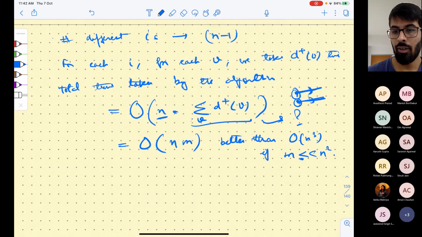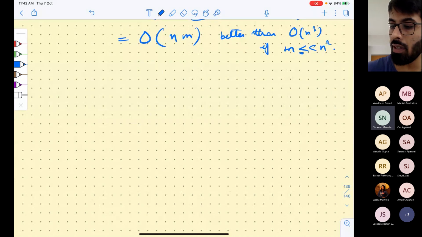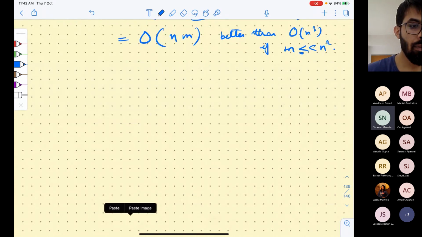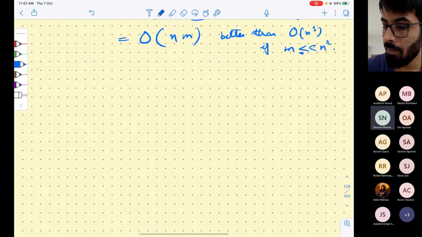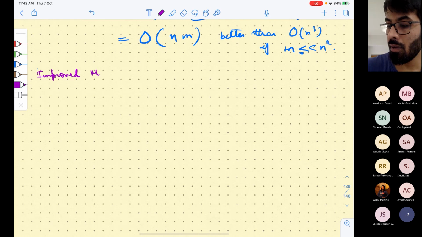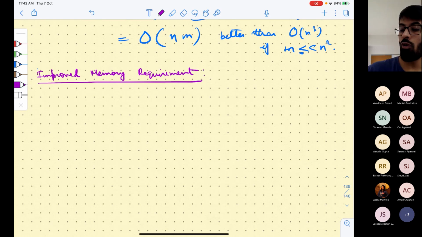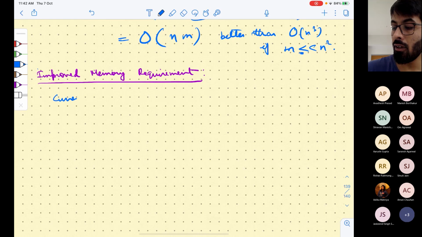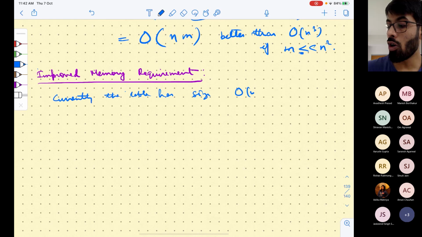Okay. Also let's do some improved space or memory requirements. How do we improve the memory requirements? Currently the table has size order n square.